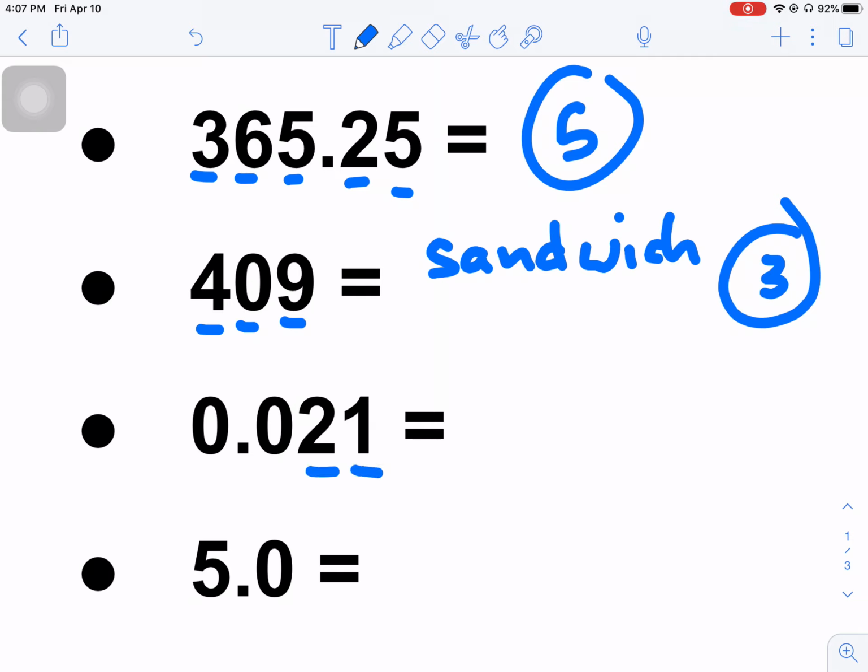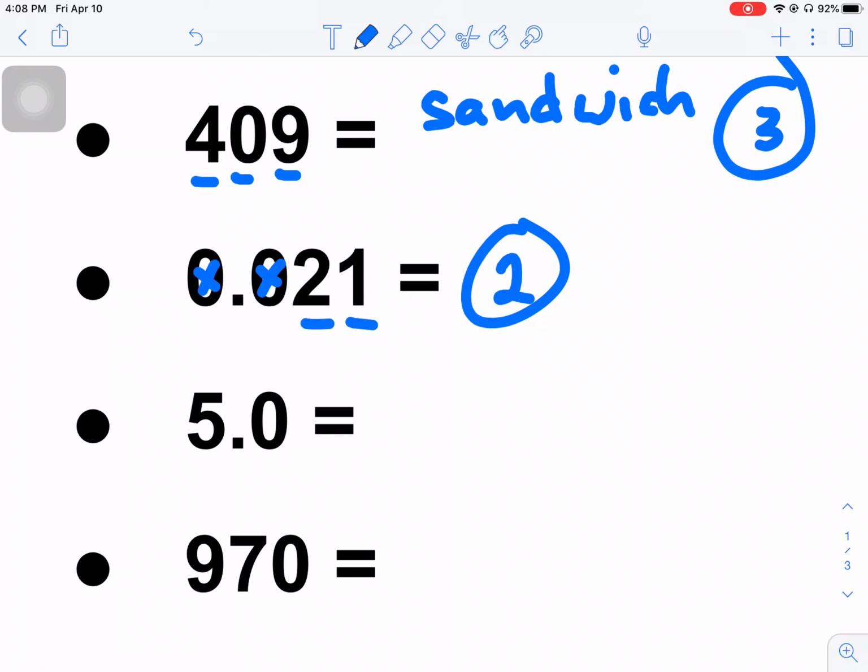All right, next example. All non-zero digits are significant. Now, leftmost zeros in front of non-zero digits are just placeholders. So 0.021 would have 2. All right, what about 5.0? Well, we know that all non-zeros are, and this 0 is what I call the twice right rule.